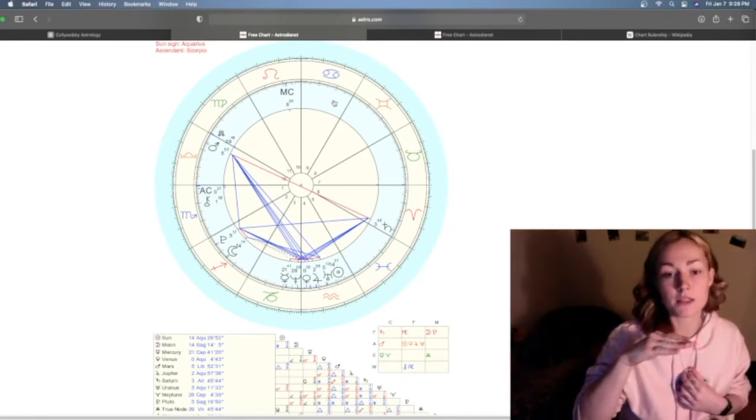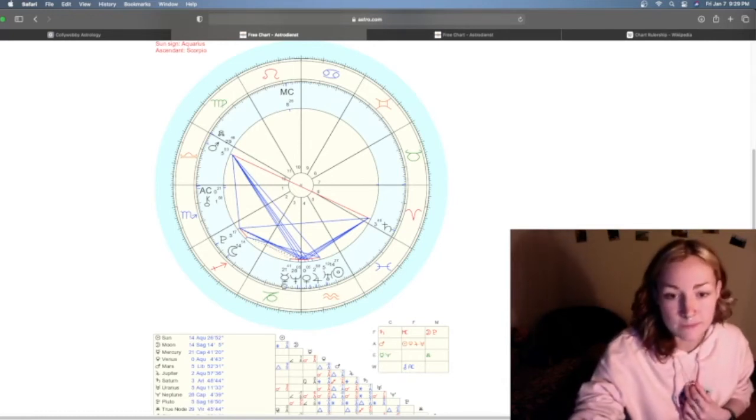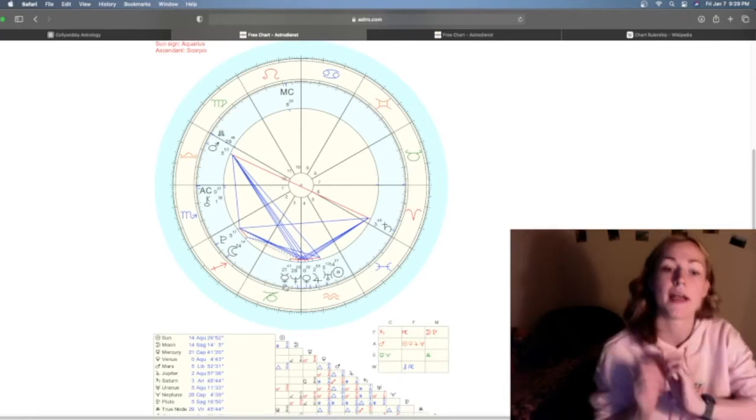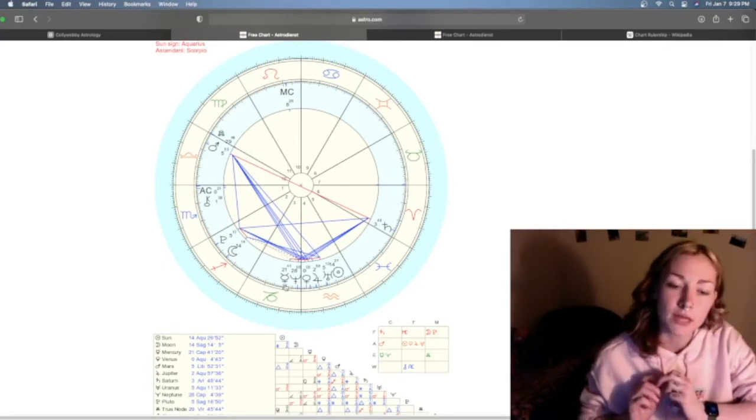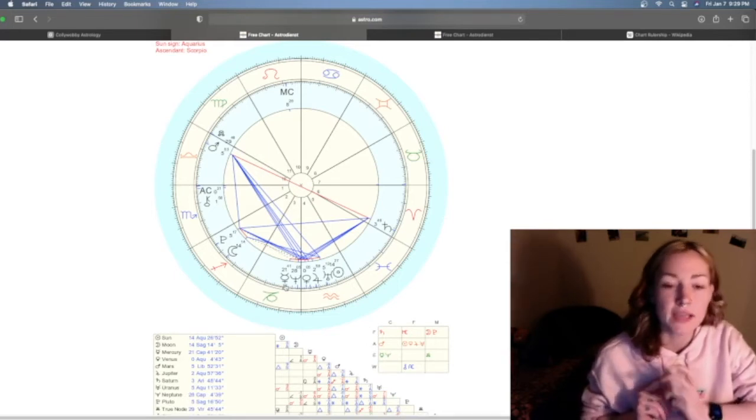And then we've got the Mercury, which is right here. She has a Mercury in Capricorn in the 3rd house. The 3rd house is communication, travel, short distance travel, siblings, and then Mercury in Capricorn.